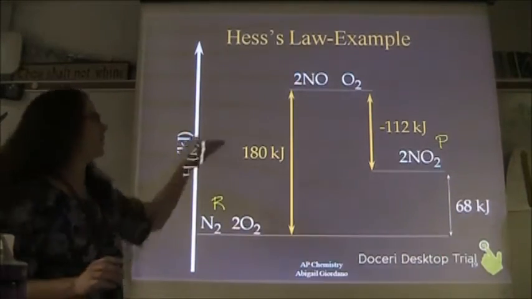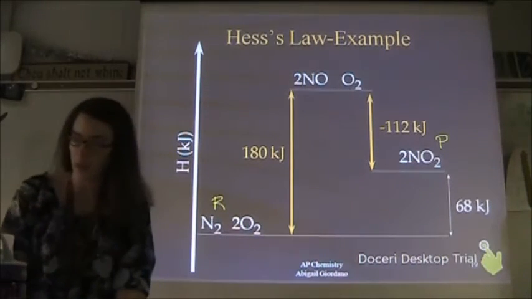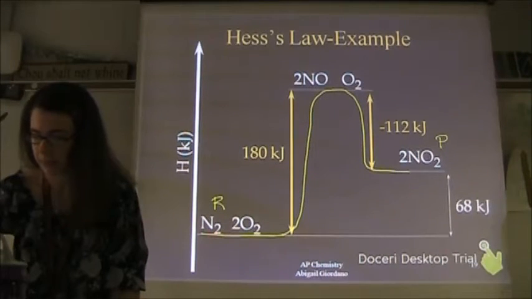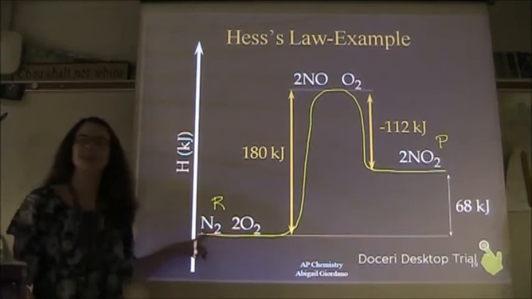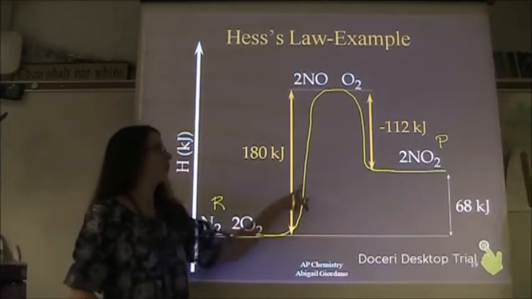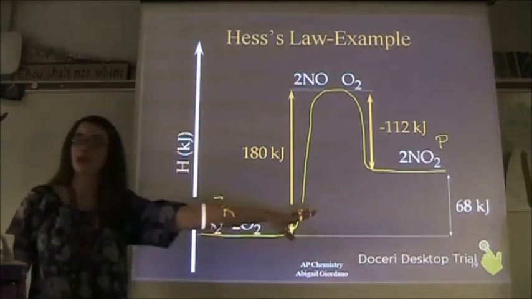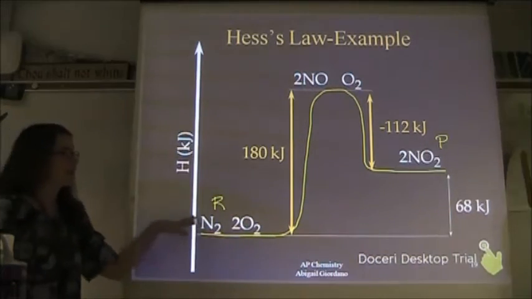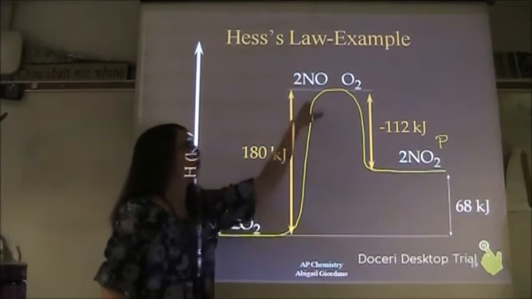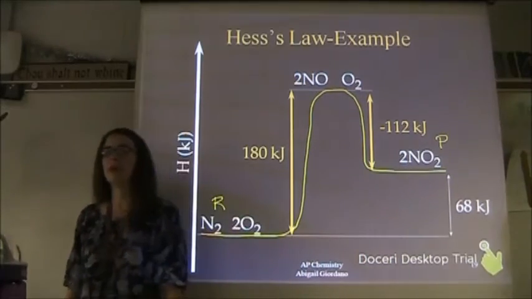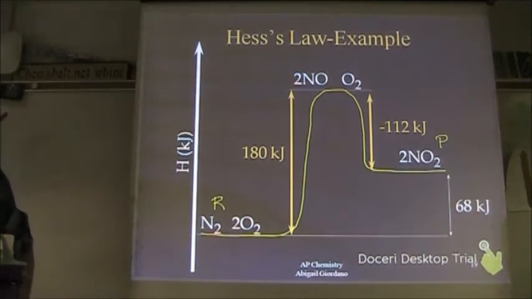And instead of having these lines and arrows like this, what if I draw it like this? Haven't we seen energy curves of this kind of a shape before? Do you remember, let's review for a second. If I have an energy curve shaped like this, that's in general uphill, do you remember, is this endo or exothermic? It's endo, very good.